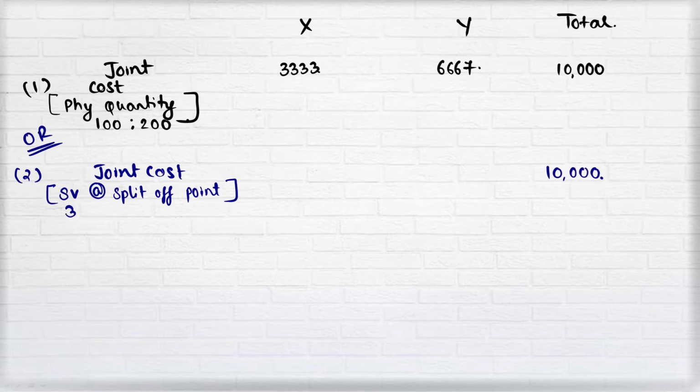Then it will be distributed in the ratio of 300 is to 400 or 3 is to 4. What is the distribution? 4,286 and 5,714.